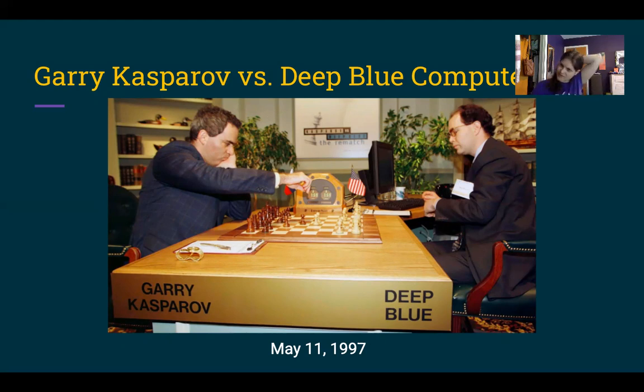What I thought was really interesting when I went back and read some more about this event was that Garry Kasparov actually was furious when he lost, and he thought that the computer was actually being remotely controlled by another chess champion, a grandmaster who was running the computer, and that the computer couldn't possibly be advanced enough.